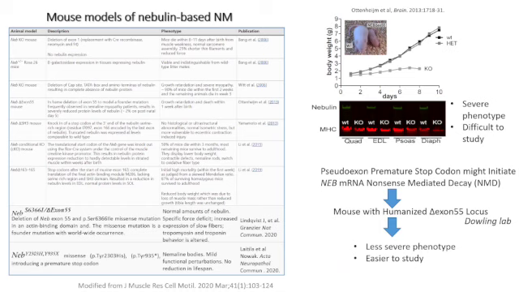So this mouse model is being studied by Hernan and Jim Dowling, and we currently have these mice available in Tucson, and we will utilize them to study and hopefully follow that up by therapeutic testing.